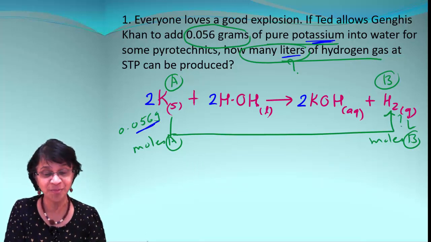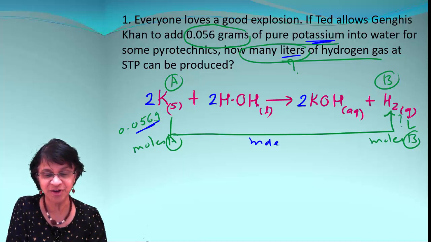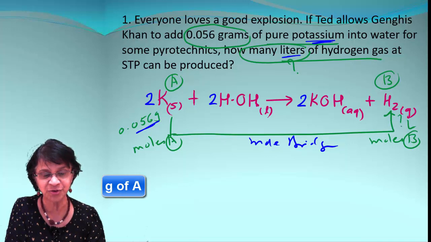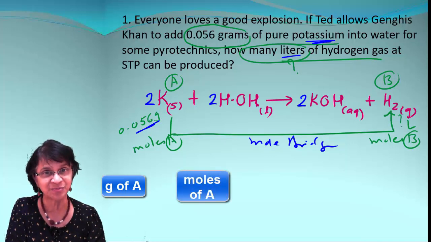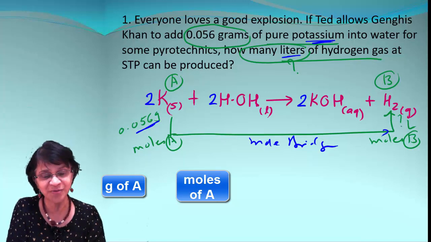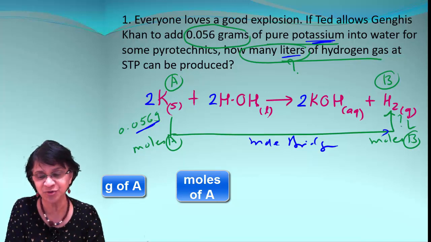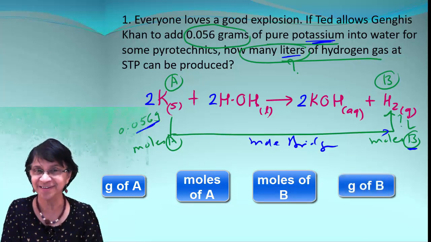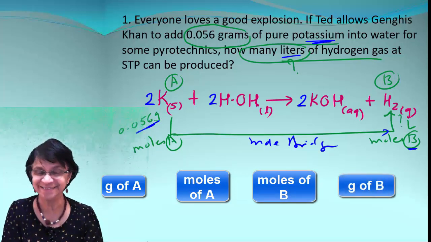Then the mole bridge, we need to make sure we are going through the mole bridge. So you go from grams to moles of A because our starting point is A. We take our walk all the way on the mole bridge and come to moles of B. And from moles of B, we get to grams of B.